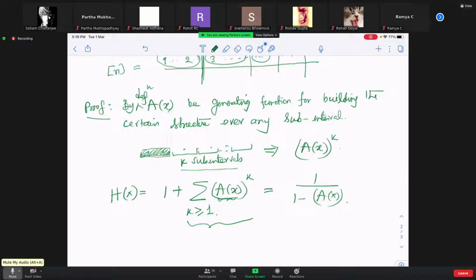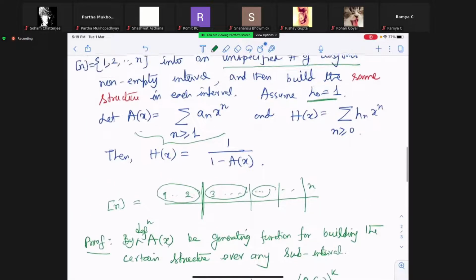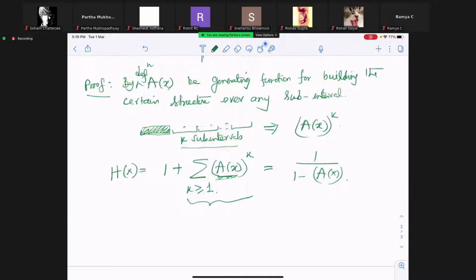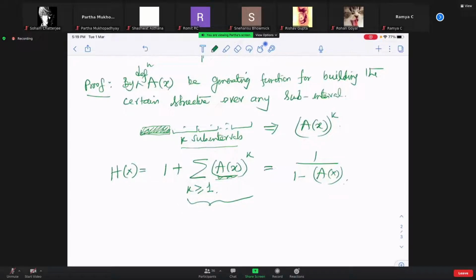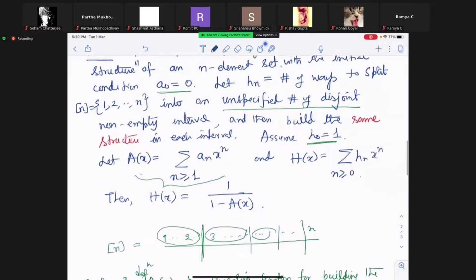But notice this power series has no constant term, so if you take A(x) power k, the least thing that you can get is x. You cannot get any constant term. However, H(x) has one constant term, that is 1, H0. So I just added that additional H0 forcefully and got into that geometric series. Does that answer your question? Okay. This is just a fancier way of writing a simple thing.